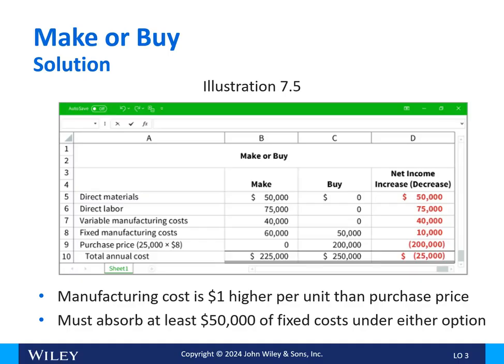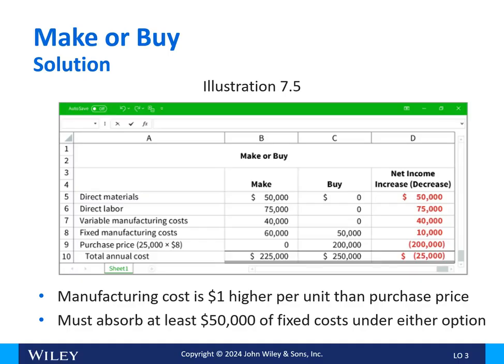So if we look at make versus buy, similar setup in our analysis. One column for make, what are our costs? One column for buy, what are the costs if we buy it? Then the change, the increase or decrease to net income. So our make shows our total annual manufacturing cost of $225,000 that we saw in the previous slide.